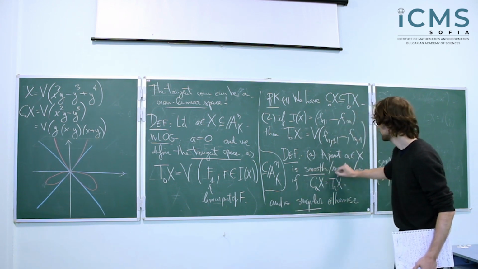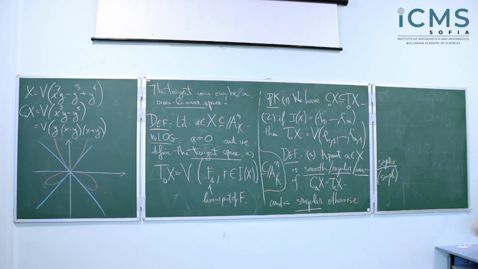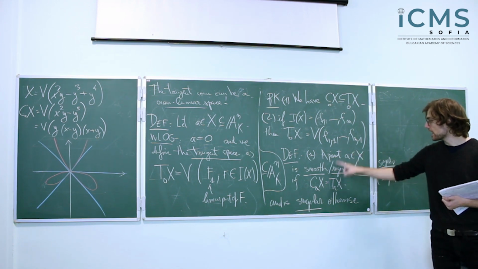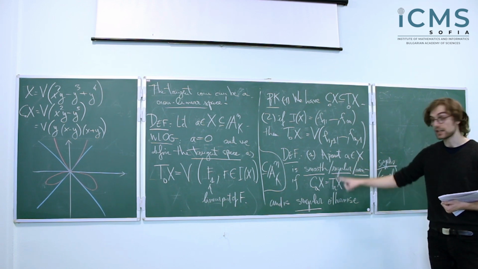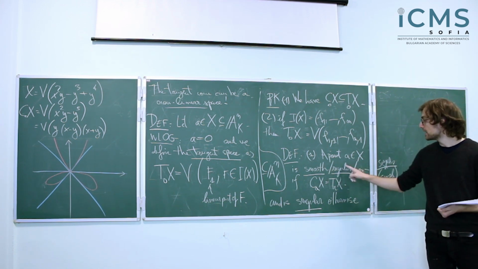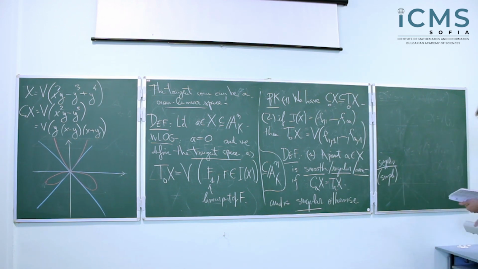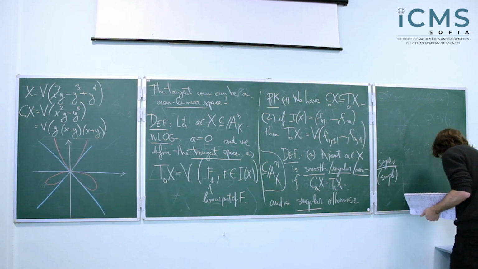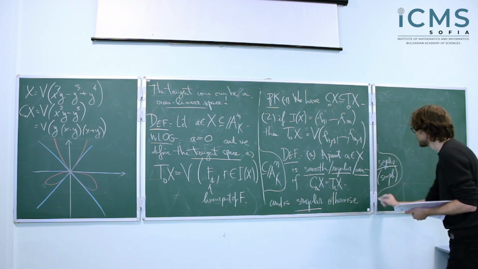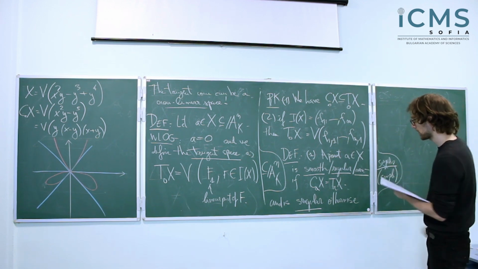I also explained why we use this word regular, because for smooth and non-singular we can kind of see why. But there's a particular interest for why you use the term regular, and that's linked to commutative algebra, and I think I'll have the time to get to that.